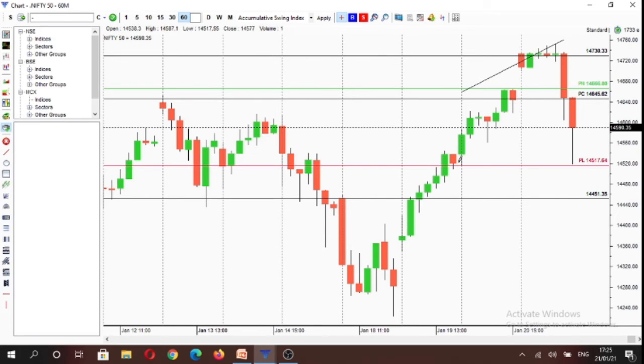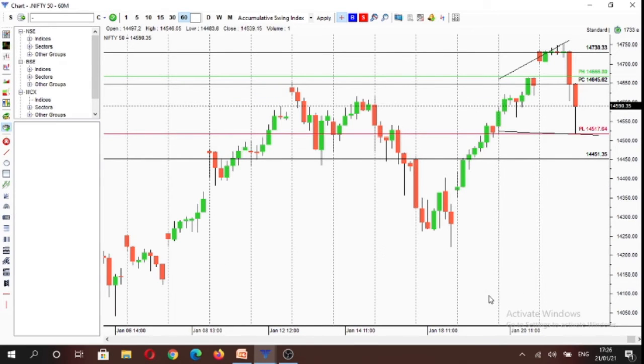So hence we formed an outside candlestick on the daily time frame. So basically it is just range expansion, and potentially tomorrow could be an inside day.